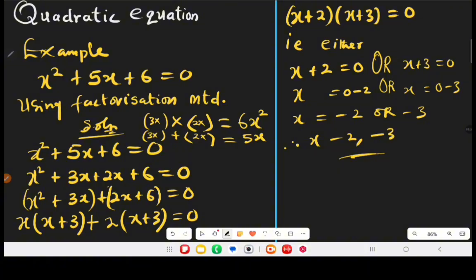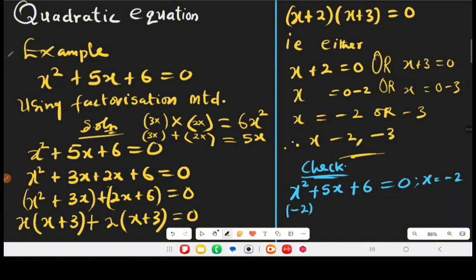Now, to check if our answer is correct, put x equals minus 2 into the original equation. We write check. We write the original equation, which is x squared plus 5x plus 6 equal to 0. Let's put x equal to minus 2 first and see if our answer will be 0.